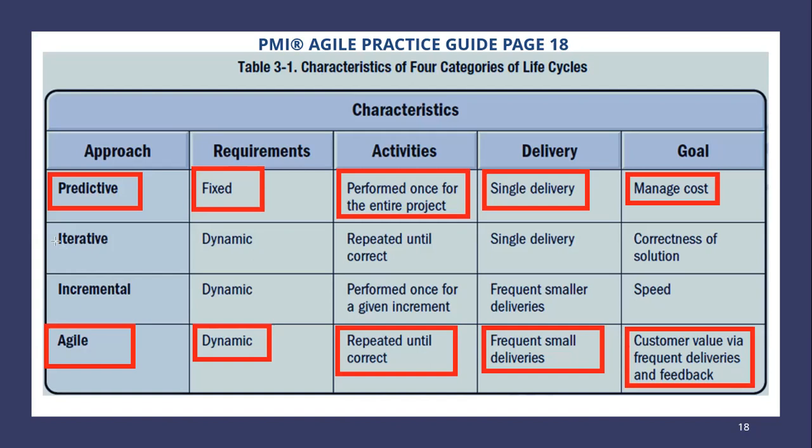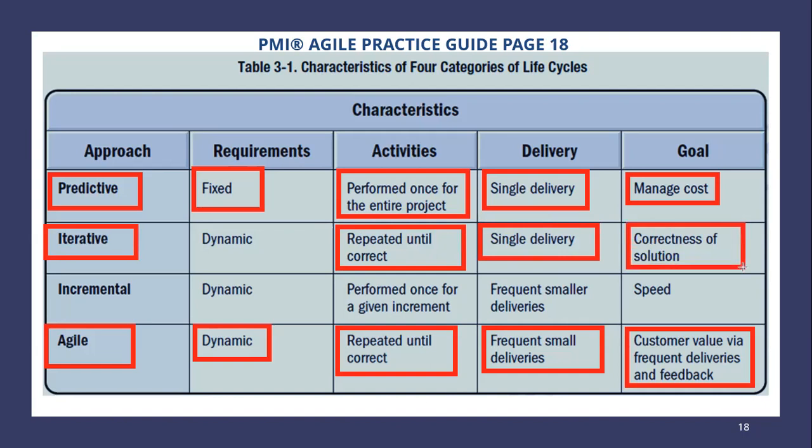Iterative. Iterative is very similar in delivery to predictive. It's a single delivery. Now, iterative means we are doing it until it's correct, again and again in cycles, repeating it until it's correct. And we are quite obsessed with the correctness of the solution. It has to be right. But when it comes to the requirements, this is where it is different from predictive.